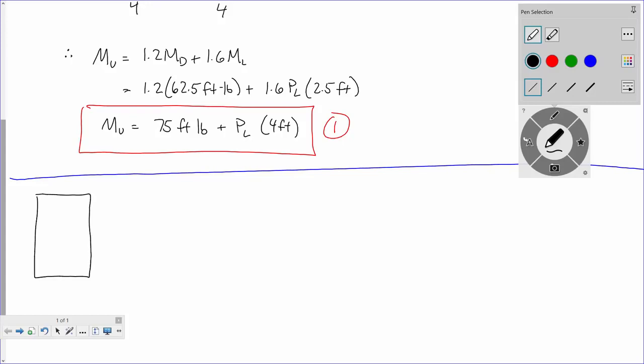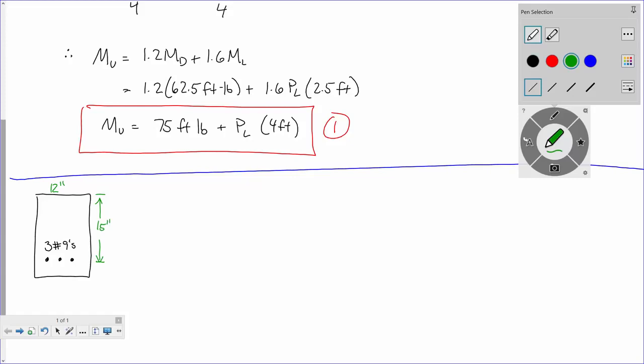rectangular, and we got the top is 12 inches. We've got some bars going on here, and it said that they were 3 number 9s, right? And our effective depth, D, is 15 inches, right?